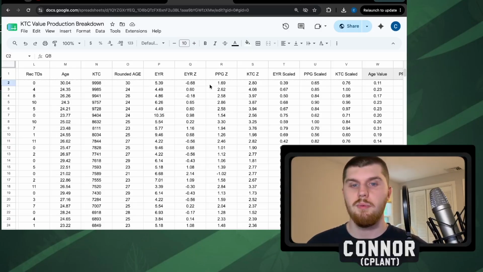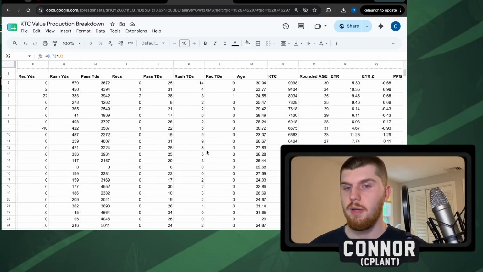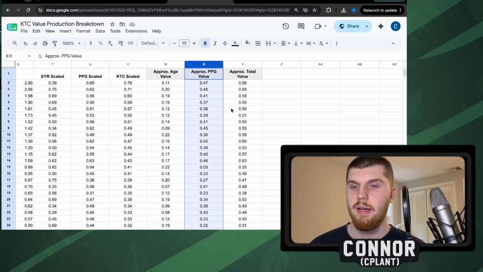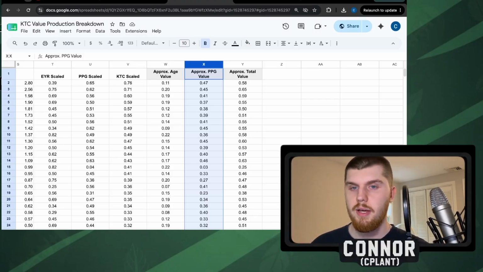And what I did was I created a model at each position where I figured out, okay, what is the age value that each player has and what is the points per game value? And I figured out through running a linear regression model that there are specific weights that correlate to KTC overall value pretty well at each position. It's slightly different.